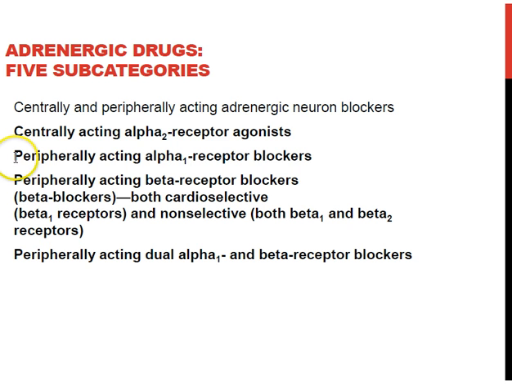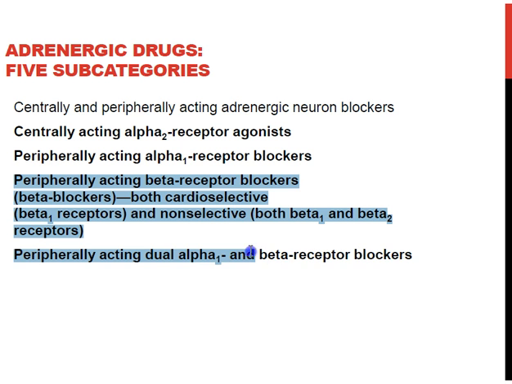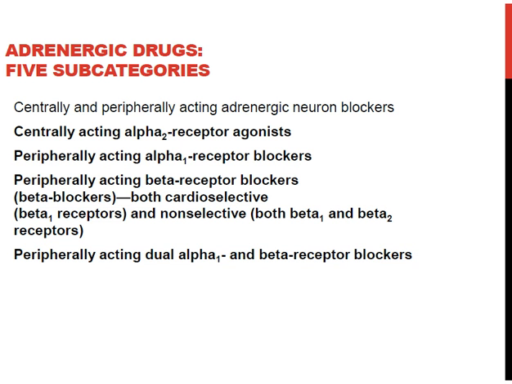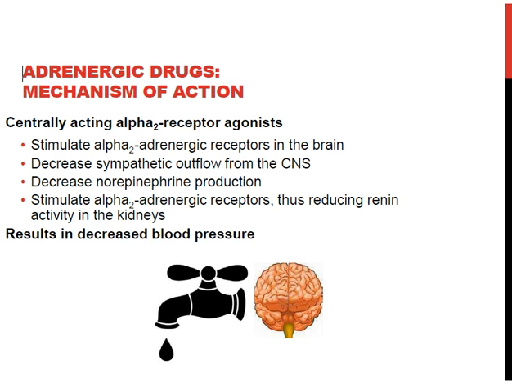I know that's confusing. Then there are peripherally acting alpha 1 receptor blockers, peripherally acting beta receptor blockers, and peripherally acting dual alpha and beta blockers. So we're most familiar with the beta blockers and the peripherally acting beta and alpha receptor blockers. But let's talk a little bit about all of those.